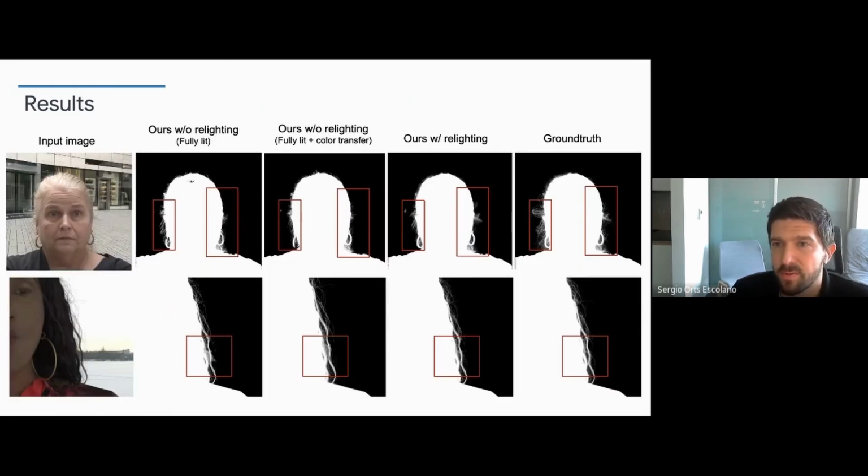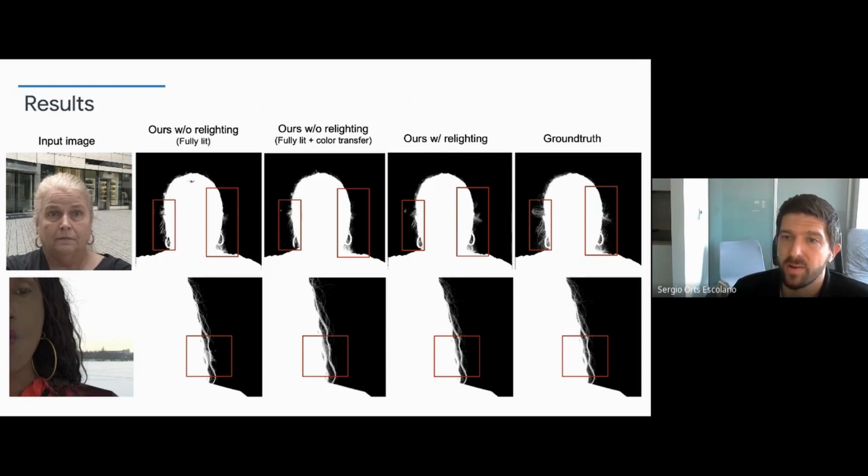Additionally, as a byproduct of our proposed approach, we analyze the importance of data augmentation when training an alpha matting estimation model. In particular, we assess the effect of using accurate relighting when generating a large dataset of realistic composited images. In this figure, we can see some qualitative results on our evaluation set, training our model using different dataset configurations.